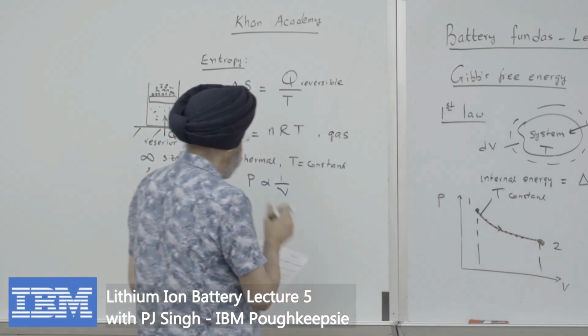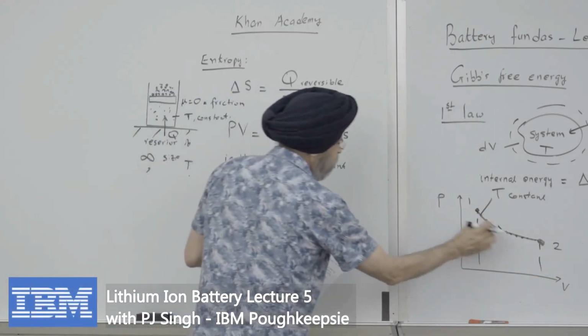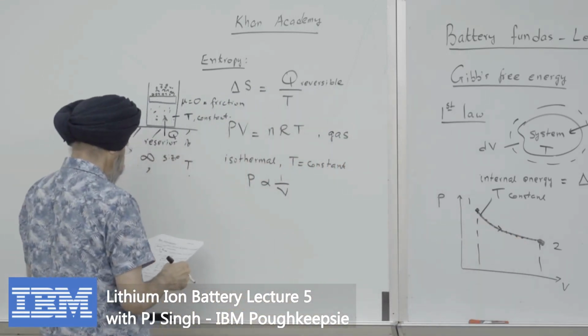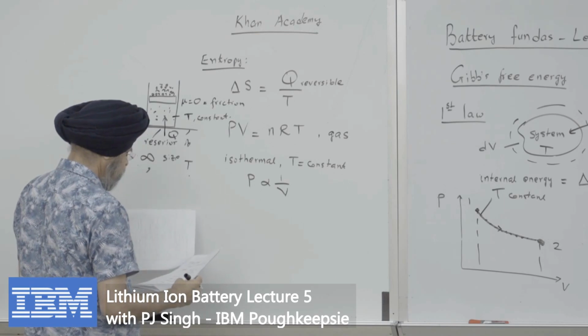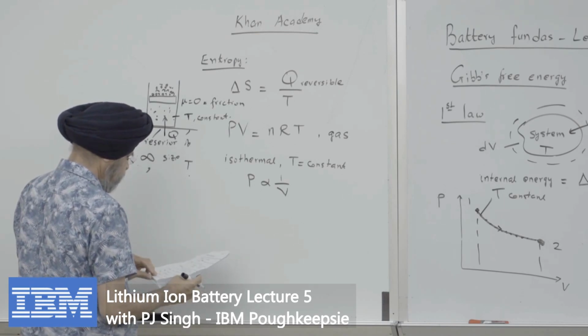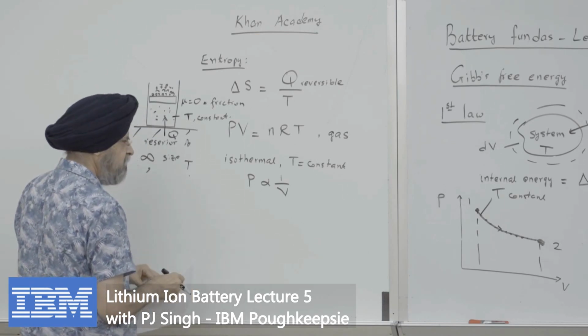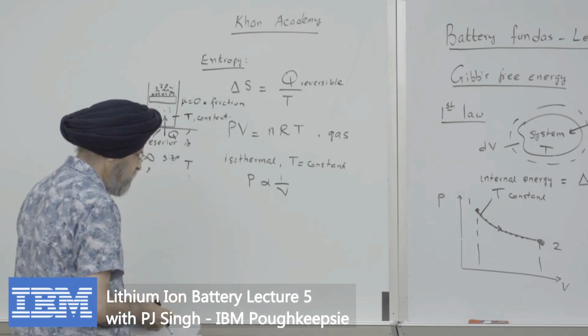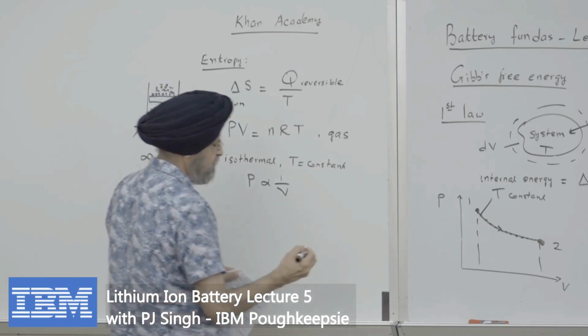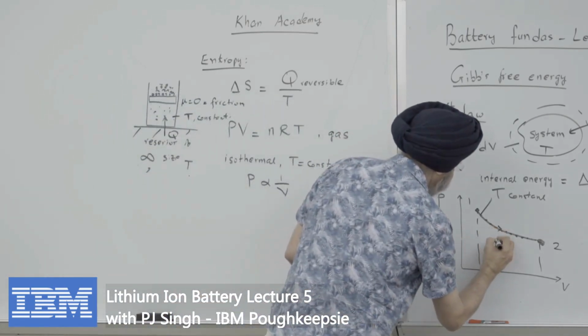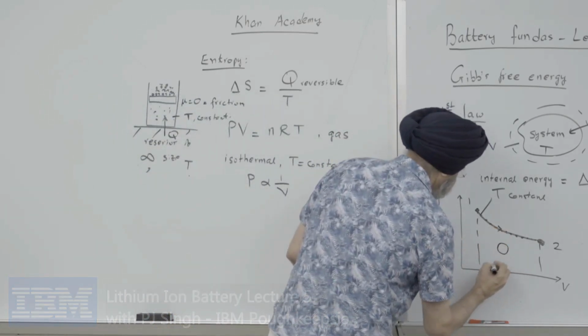When we go from position 1 to position 2, we do some work. So how much work is done? The amount of work done is the area under this curve. So this is the work done.